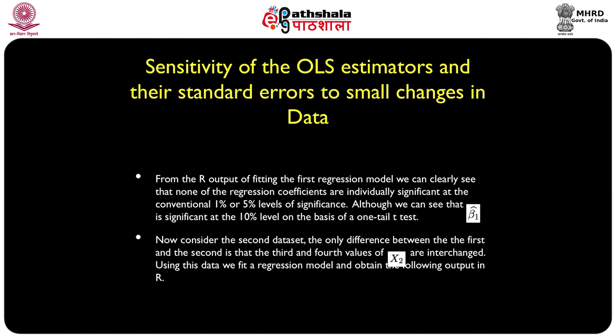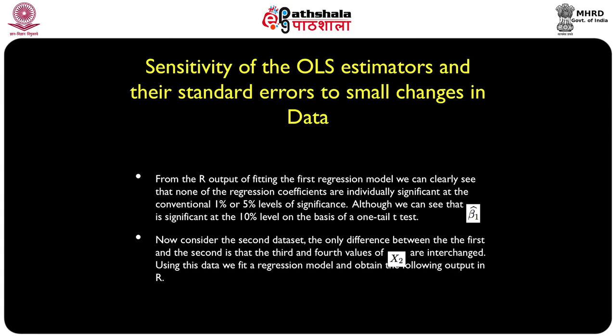Now, from the R output of fitting the first regression model, we can clearly see that none of the regression coefficients are individually significant at the conventional 1% or 5% levels of significance alpha. Although we can see that beta 1 hat is significant at the 10% level on the basis of a one-tailed t-test.